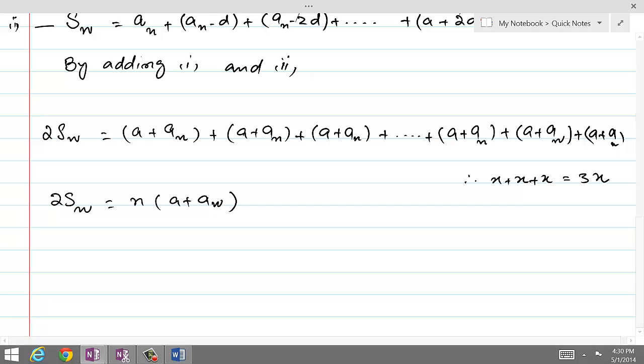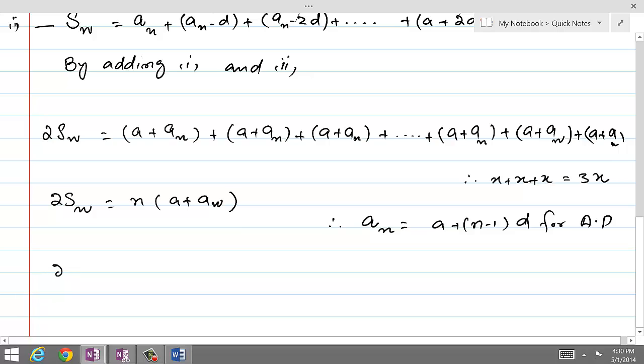So that's how we can write it. And also we know that an is equal to a plus n minus 1 into d for AP, arithmetic progression. So we are just going to substitute that value.